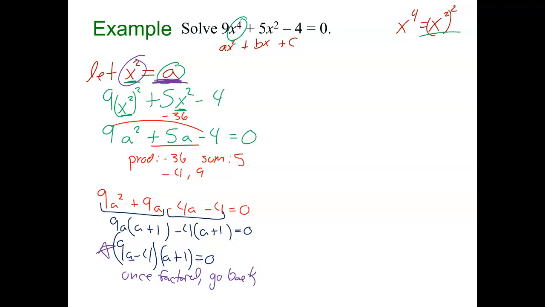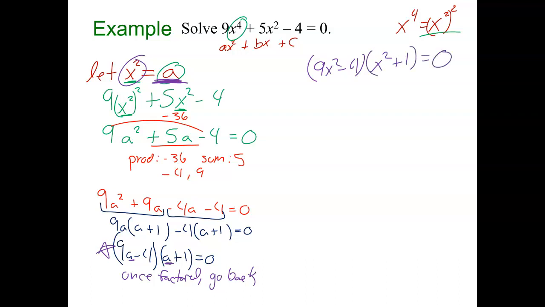Wherever I see an a, I'm going to replace it with x squared. So 9a minus 4 is going to turn back into what? 9x squared minus 4. And a plus 1 turns into x squared plus 1.